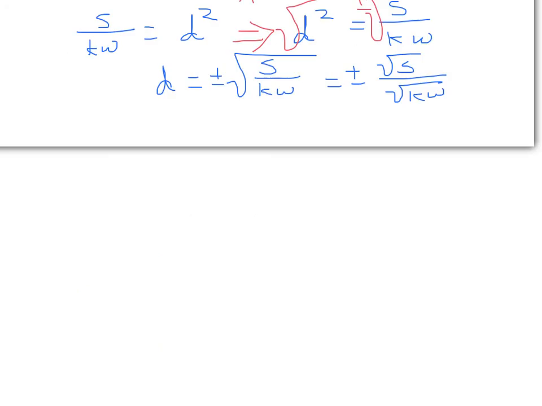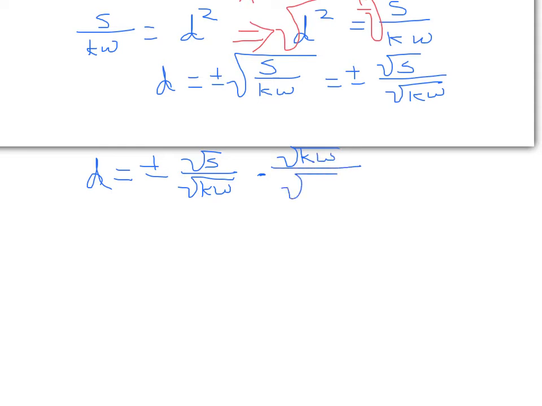But we haven't finished simplifying it yet because we have a radical in the denominator, so we need to rationalize the denominator. And so we do that by multiplying numerator and denominator by something that will get rid of the radical. And since it's a square root, that's very straightforward.